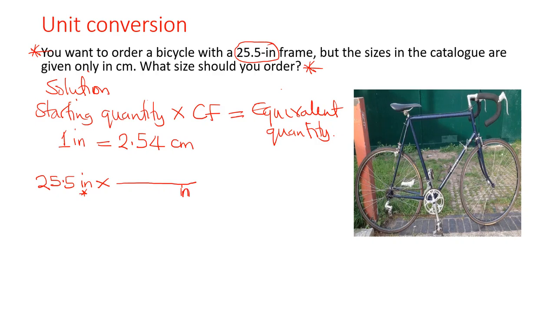Then at the top, I am going to put a centimeter. Now this is taking me from inches to centimeters. The inches go with 1 and the centimeters go with 2.54.